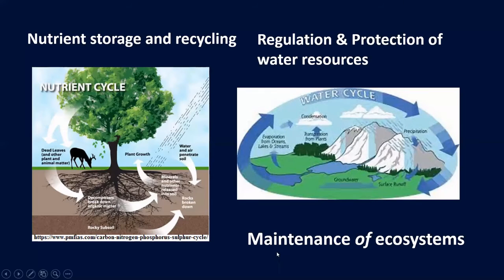Now, coming to the maintenance of ecosystems. Biodiversity is very essential for ecosystem functioning as well. Biodiversity not only allows survival, but also keeps a balance between living things, and the food or other resources needed by these living things for their survival.